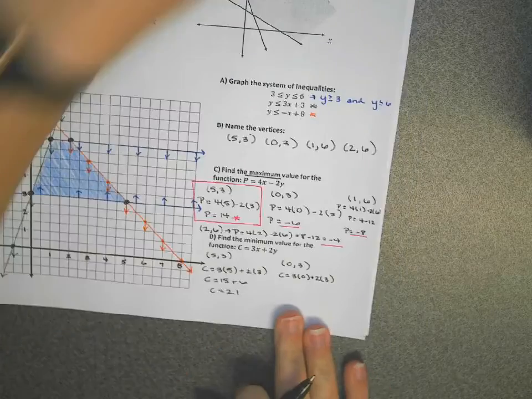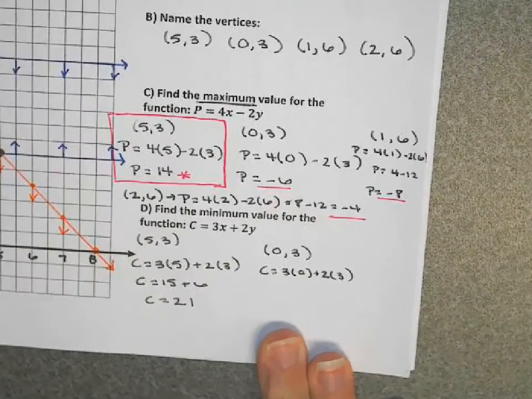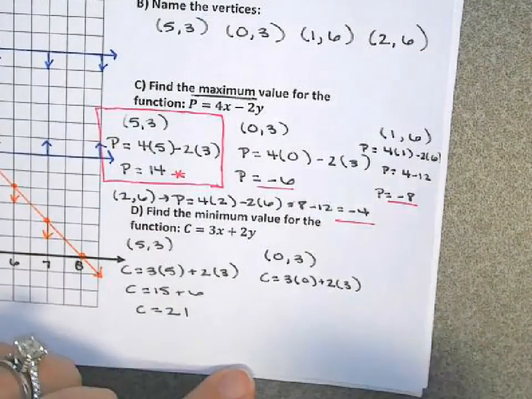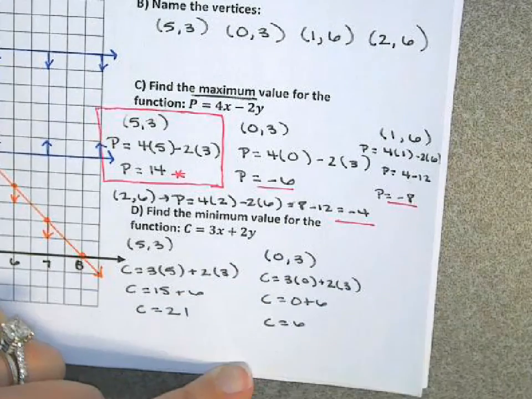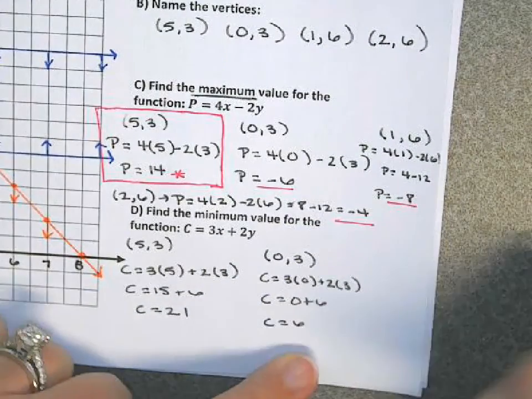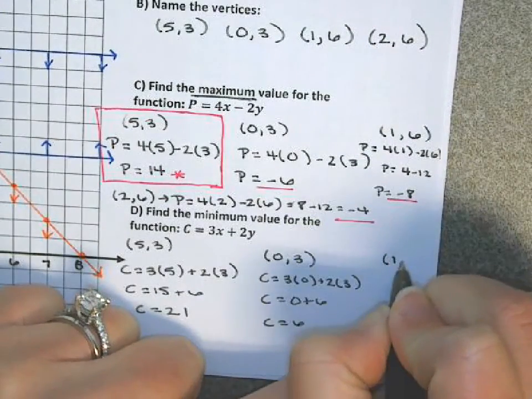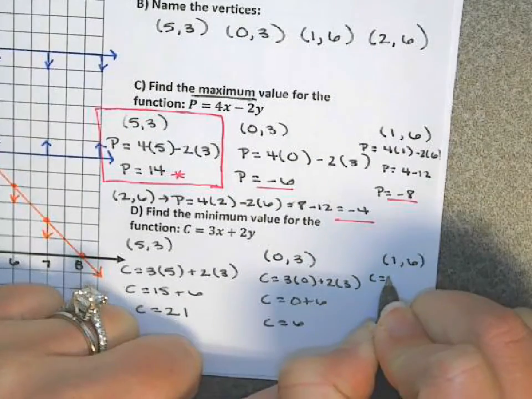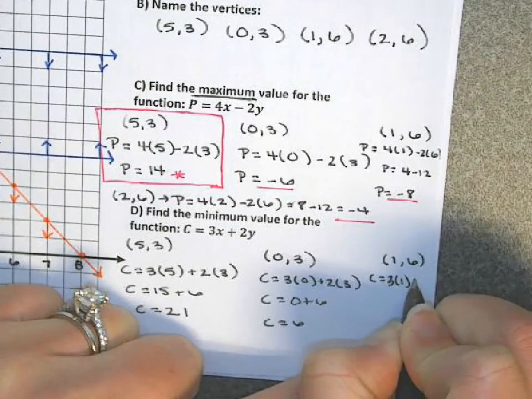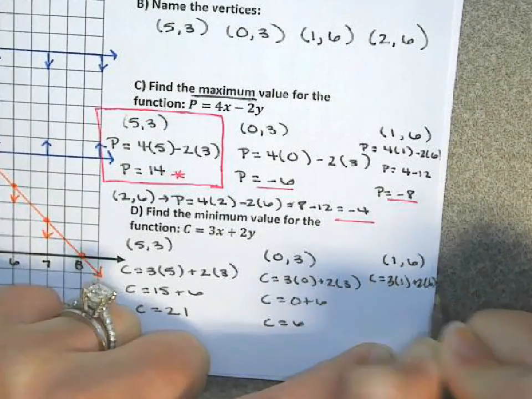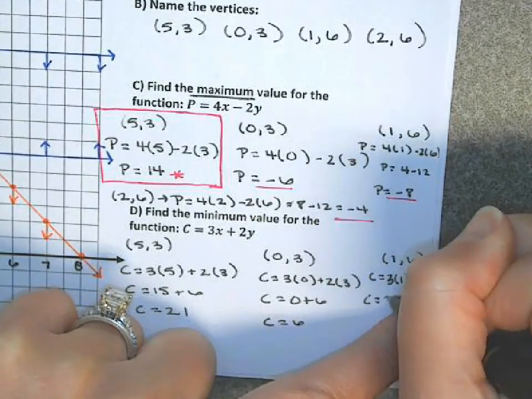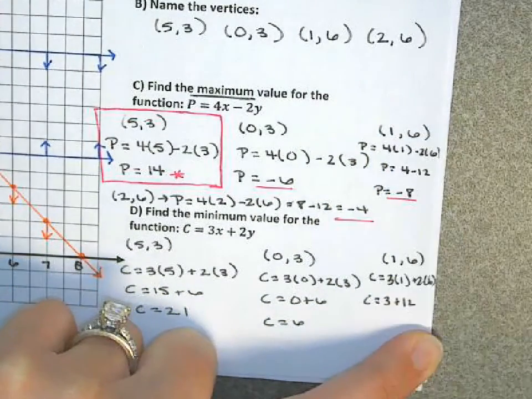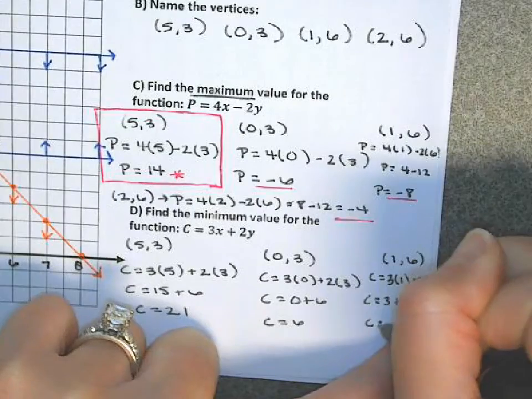Plugging in 0, 3. The cost would be 6. Plug in 1, 6. The cost is 15.